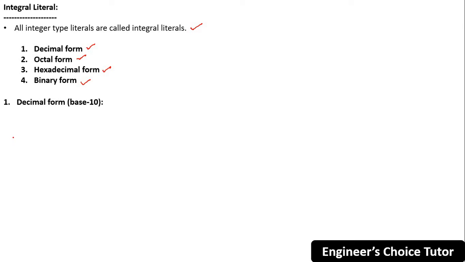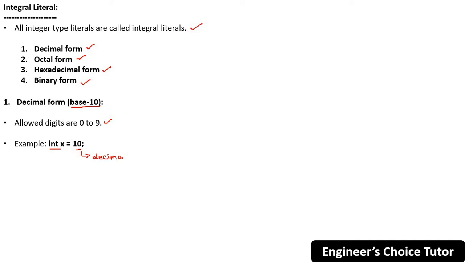So first, decimal form. Decimal means base 10, and the allowed digits are 0 to 9. For example, this int x is equal to 10. Here this 10 is in decimal form.